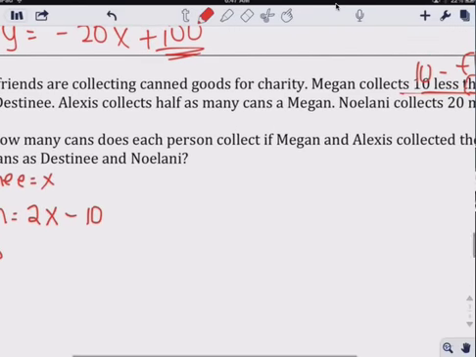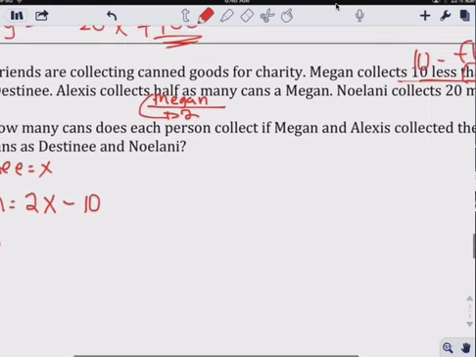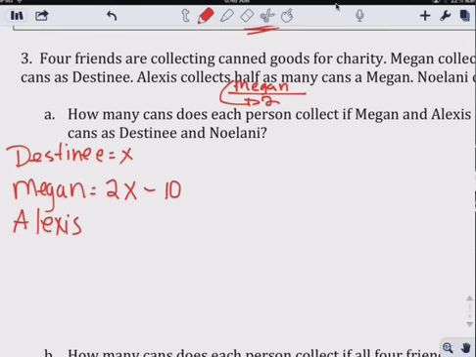Alexis collected half. Half means divide. So divide by Megan. Okay, by 2. Half is divided by 2. So whatever Megan is, divided by 2. So for Megan, we put 2x minus 10. That's her name, so we put this into her name, divide by 2.